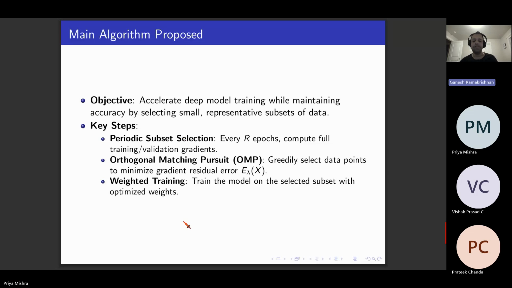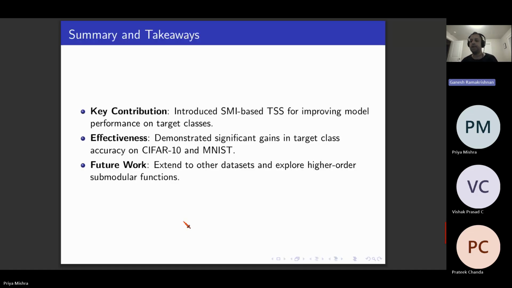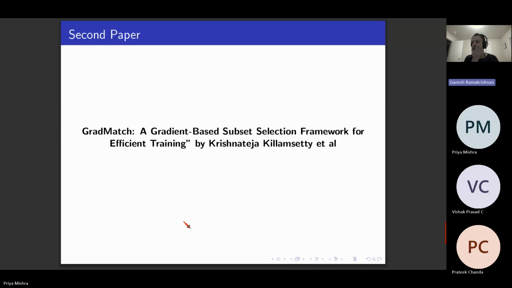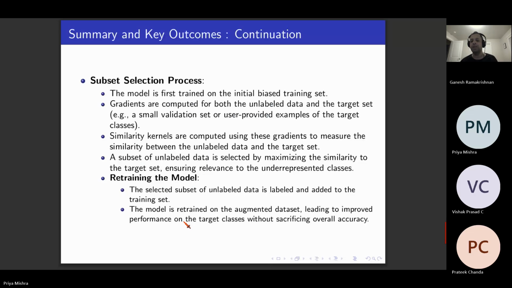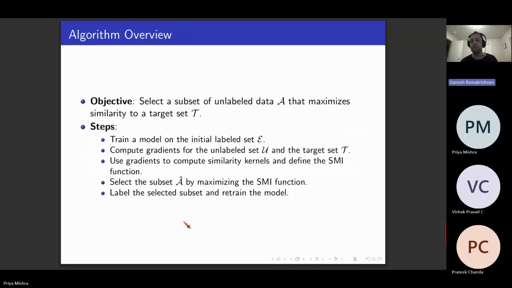In the first paper, you specified a function f, and you had a mutual information variant of the same function, right? And the goal was to identify or maximize that mutual information function.